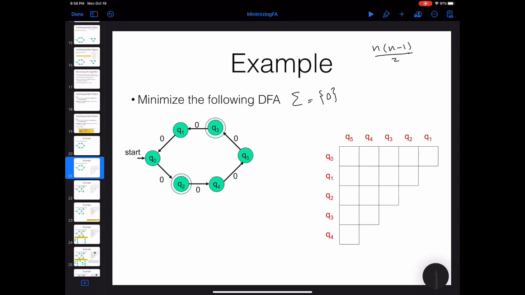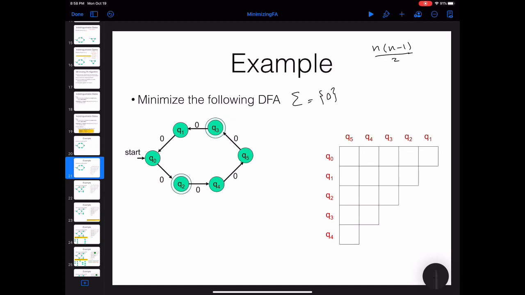To have a coherent analysis over all these pairs, I'm going to create a table showing all these possible pairs. You can see that I have a table here. Each row and column corresponds to one state. And for each row, I'm showing all potential other states that can be equivalent to that state, for example for Q0, Q5, Q4, Q3, Q2, and Q1.